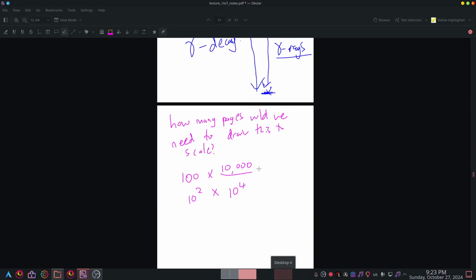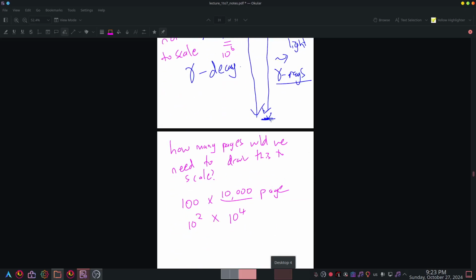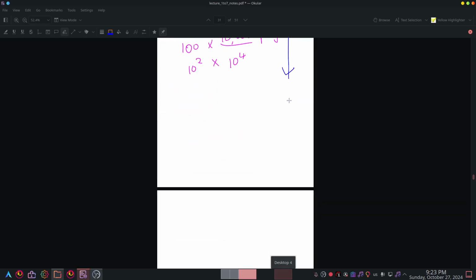So this is just to give you how much energy difference we are talking about here. If this is the electron transition, the nuclear transition is easily about 100,000 times to 1 million times more. I want to introduce you to how much energy we are dealing with when you're talking about nuclear.